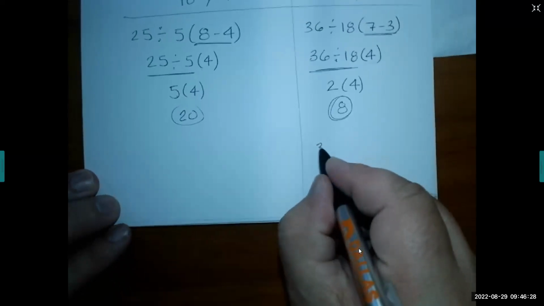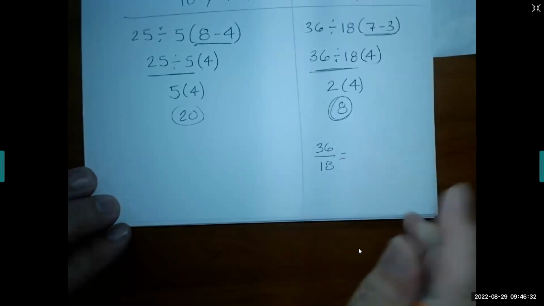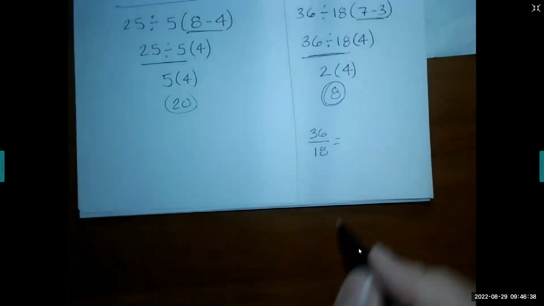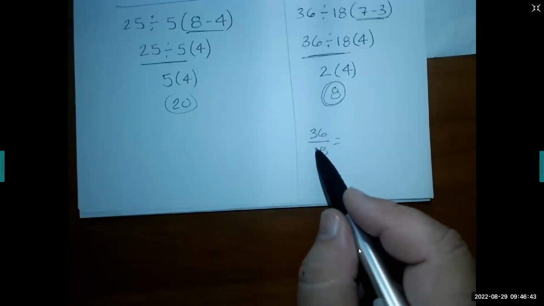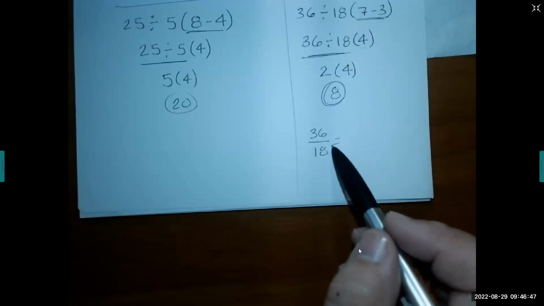So let's look at this. We have 36 divided by 18. How would you simplify that? Is it simplified as far as it can go? No. How do we know they can go further?